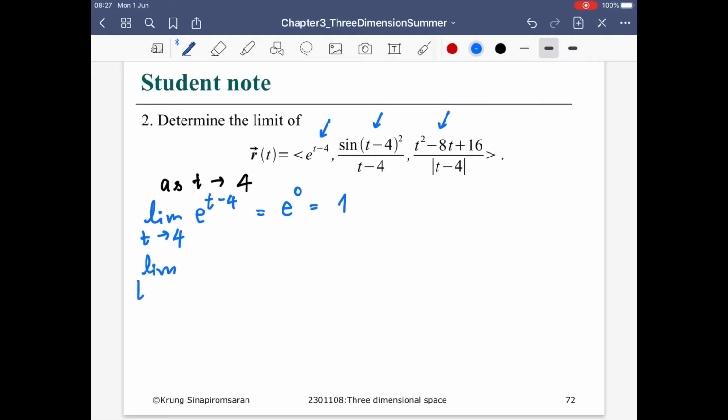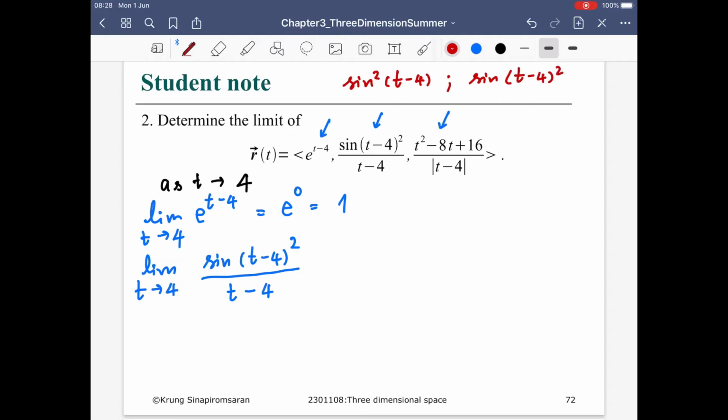How about your second one? Do you still remember this kind of limit? This is 2 over t minus 4. Just one small thing: don't forget that this one and this one are different.